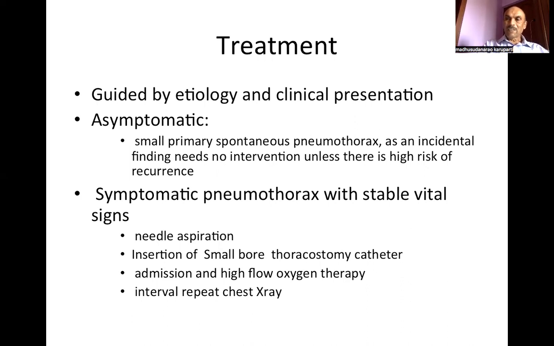Number three, avoid post-expansion pulmonary edema. Prevent bacterial infection. Then provide preventive measures to avoid recurrent pneumothorax. So these are the steps of management to reach the goal for the patient with pneumothorax.